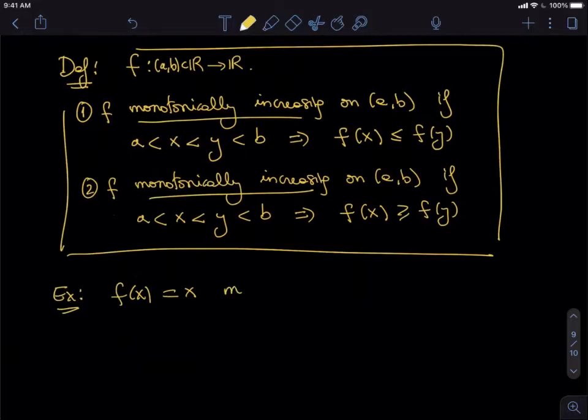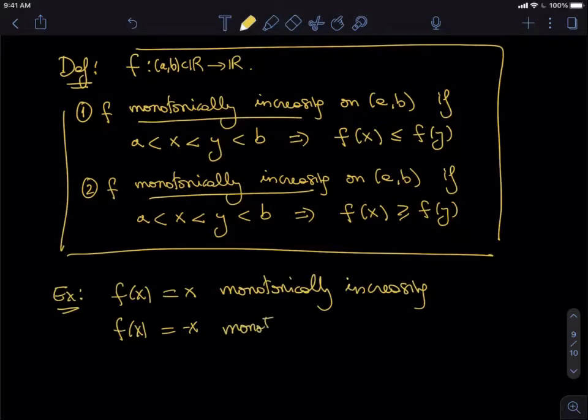This is monotonically increasing. You see, obviously if x less than y, then f(x) less than f(y). And we have f(x) equal negative x. This one is decreasing.